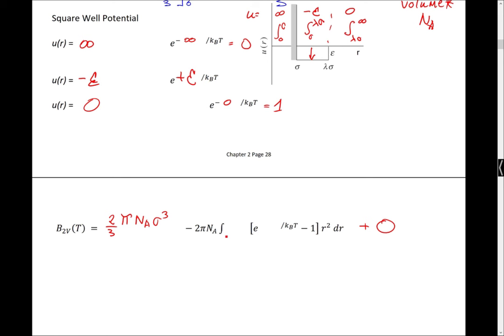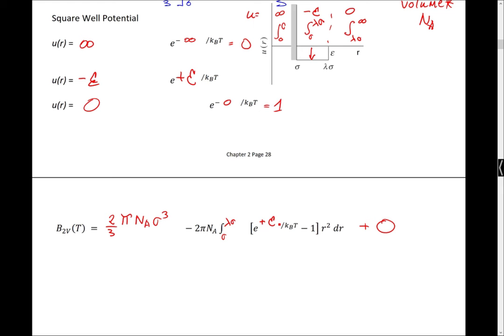All right, so we're going to be integrating from sigma to lambda sigma. That's over the well width. And then we've got the exponential of the energy of attraction between these two particles. Now this looks a little bit complicated, but one of the things that we recognize is that this energy of interaction between my two particles is going to be a constant, and so that whole thing can come out in front.